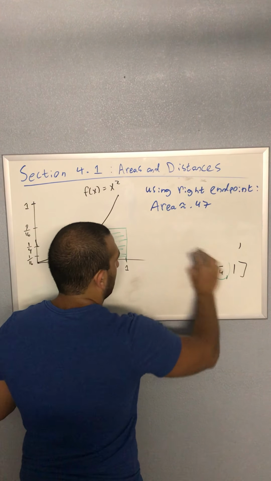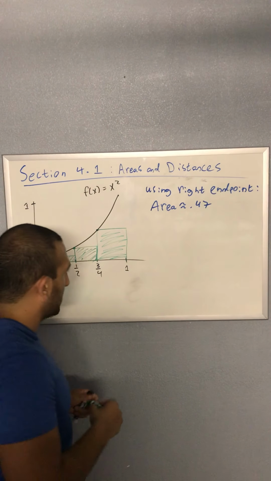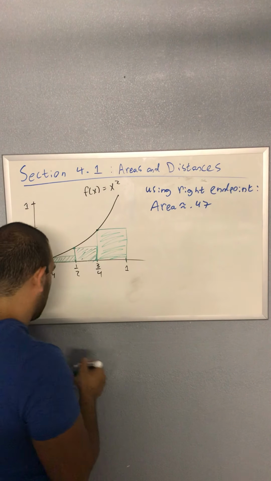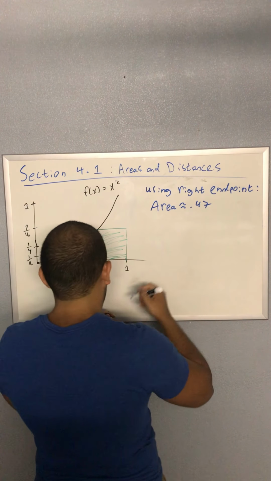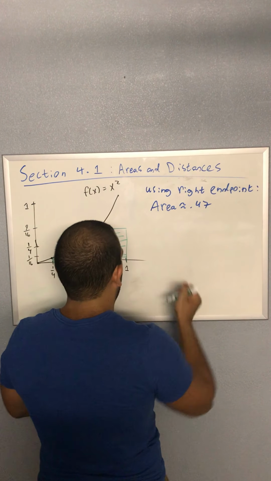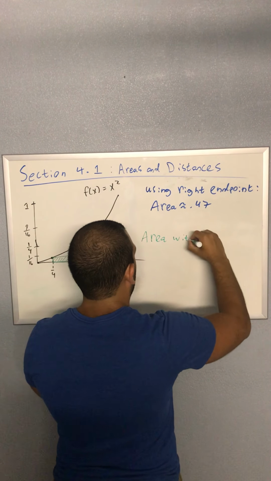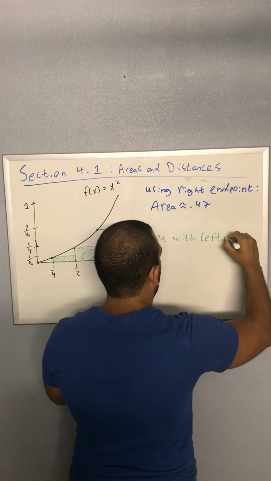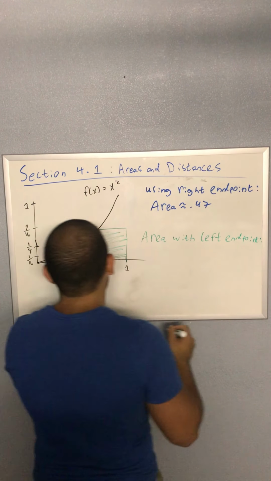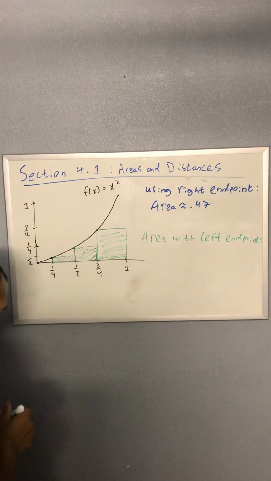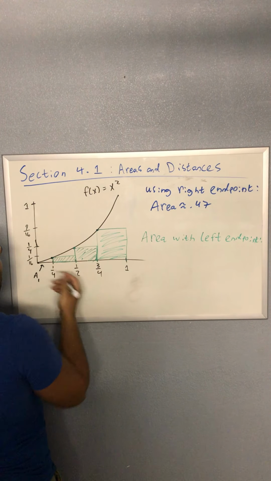And then again, the green area, so the area that we have now, area with left endpoint is just going to be, again, let me call this one A1, but it's 0.